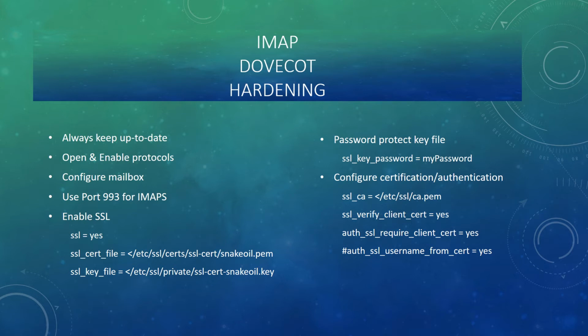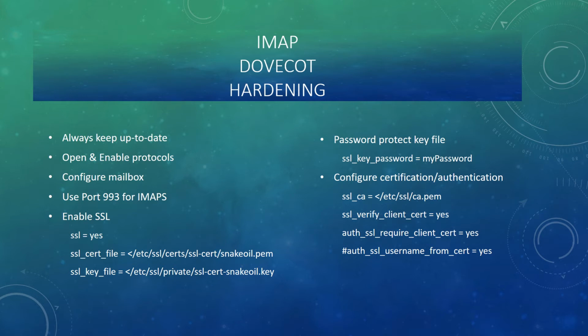You want to use port 993 for IMAPS. You can use IMAP port 143, but it is not as secure as 993. Port 143 is used for unencrypted transmissions, whereas IMAPS, port 993, is used to encrypt your email transmissions.